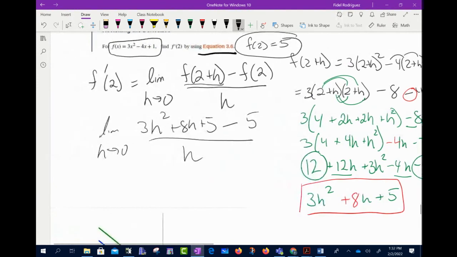Okay. So this here is the limit as h approaches 0 of, well, those 5s are going to cancel out. So I'm going to have the 3h squared plus an 8h all over h, right?